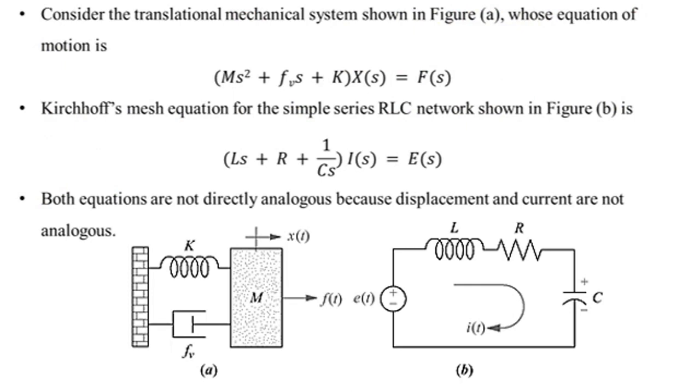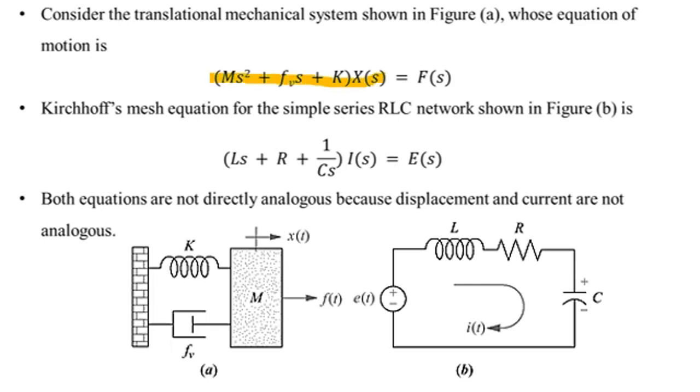Students, now we will study series analog. If you look at the figure, we have two systems. Figure A represents a simple translational mechanical system, whereas figure B shows the desired electrical representation of the mechanical system.